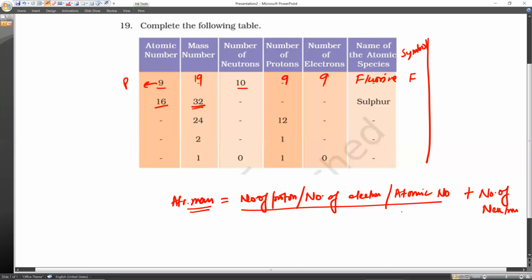Okay, now tell me, if mass number is 32 and atomic number is 16, then number of neutrons will be?